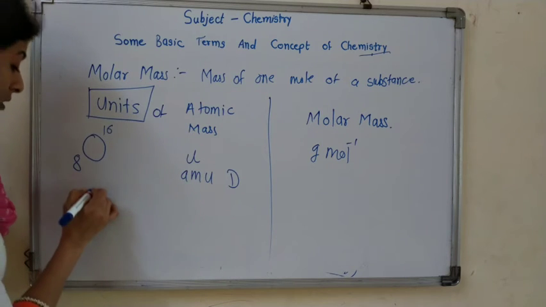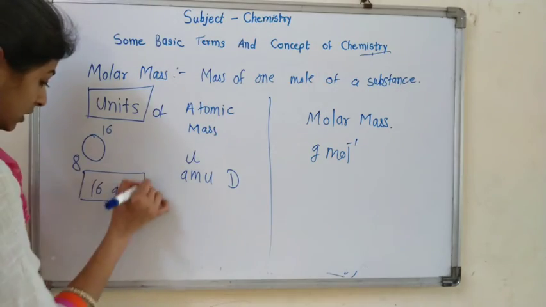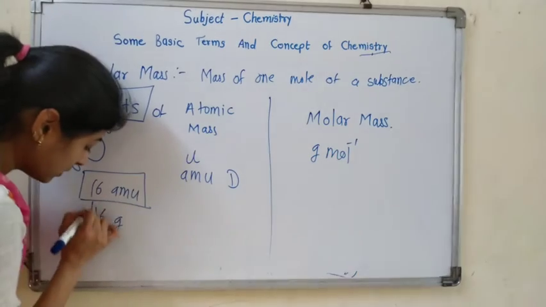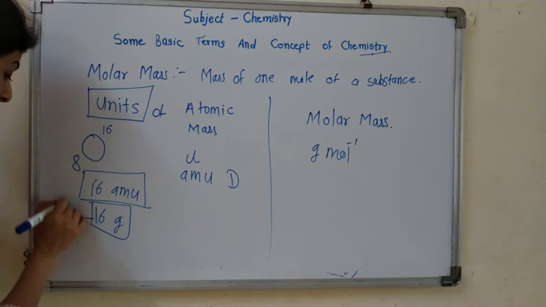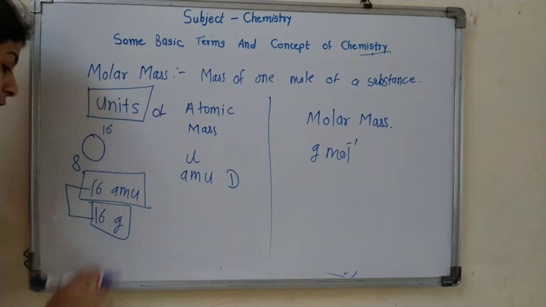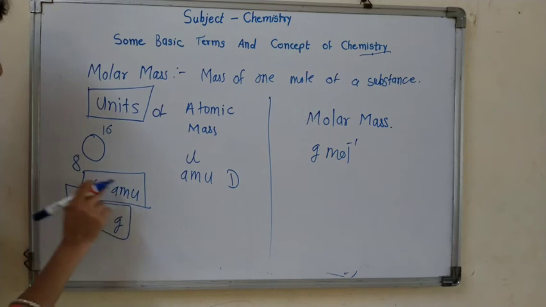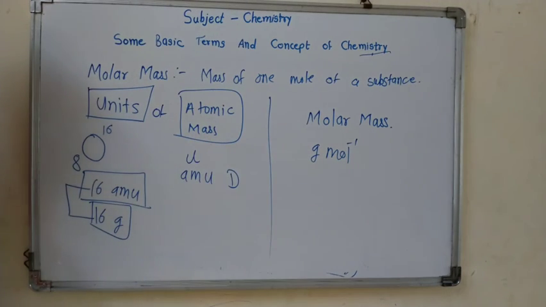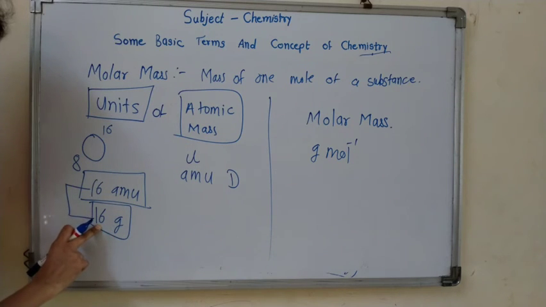It means that 16 AMU is its atomic mass and 16 gram is its molar mass. The units of atomic mass and molar mass are different, but they are the same in magnitude. 16 AMU, that is 16 atomic mass units, is for atomic mass, whereas for molar mass it is 16 gram. Okay.